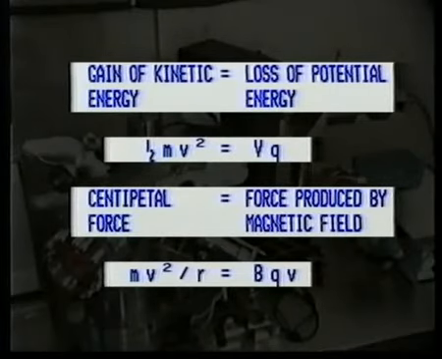Eliminating the velocity between these two equations gives this expression for the square of the radius. Now, Q over m is a constant for a particular beam of ions. So either V or B may be changed to scan the beam across the detector. We have only seen the magnetic field B changed so far.